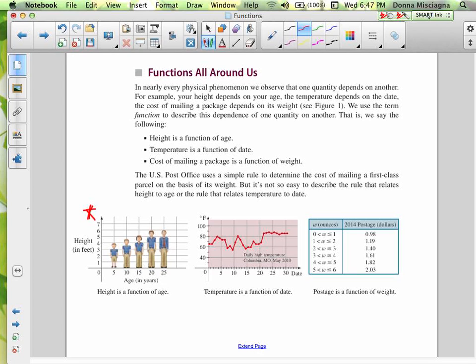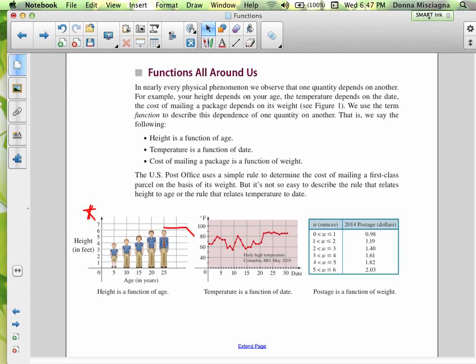All right, so maybe the person grew between 20 and 25, and that would, for a male, be possible. For a female, that's not. But after that, height will stay constant, and it might even go down a little bit. Temperature is a function of date. Some areas have temperature that is very constant.